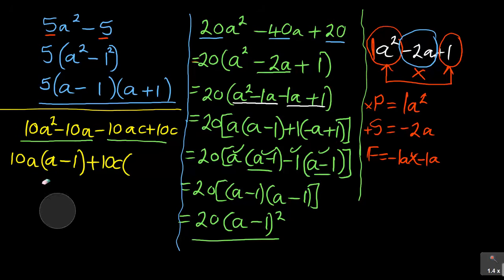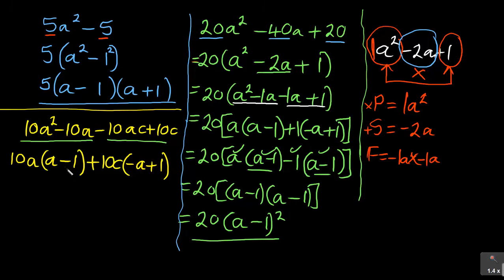So that's what I'm going to have here as minus a. Plus, now that 10c over 10c, when you cancel it, it gives you a 1. Now I'm going to have that as a 1 like that. Now if you look at the brackets again, inside the bracket I have a minus 1, but on the other side is minus a plus 1.